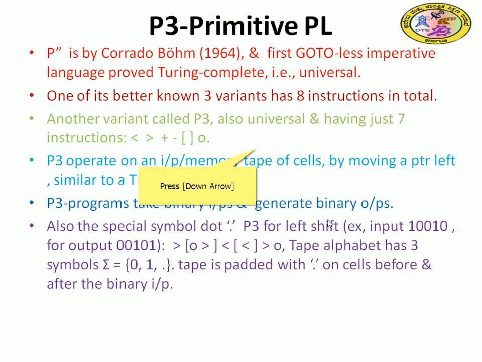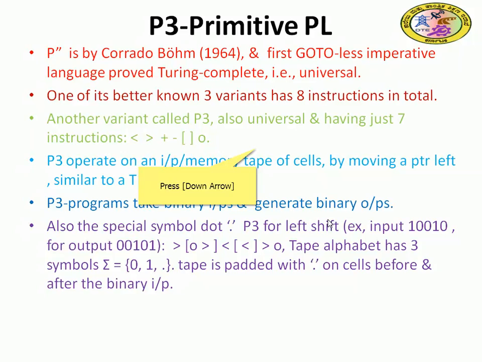For example, P3 by left shift: input 0010, output 00101. The instructions are greater than, open square bracket, dot, close square bracket, less than.